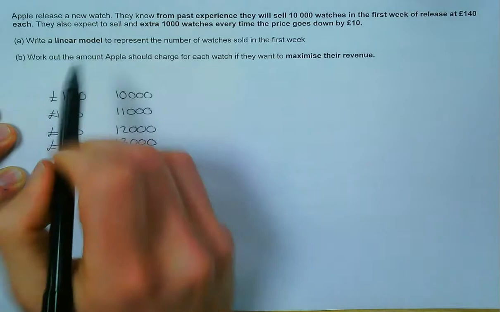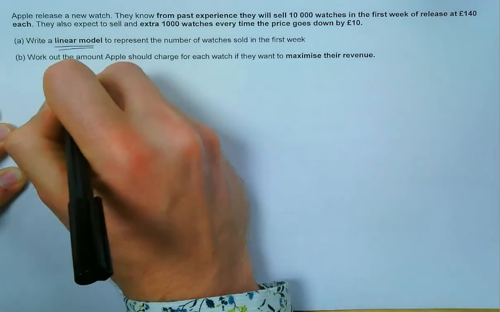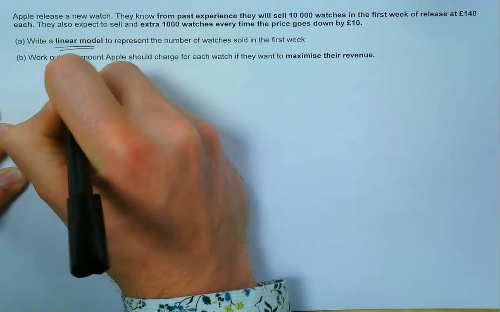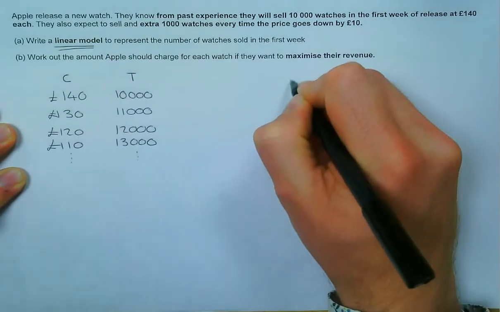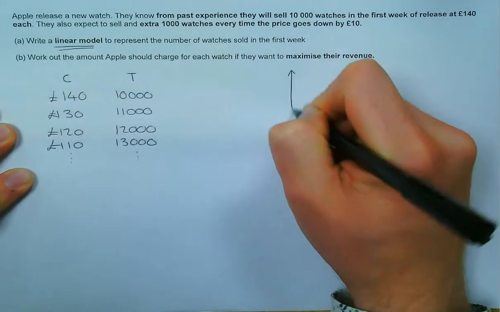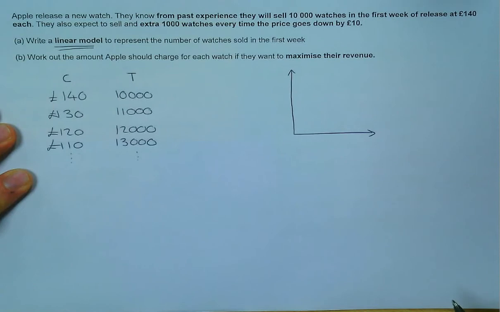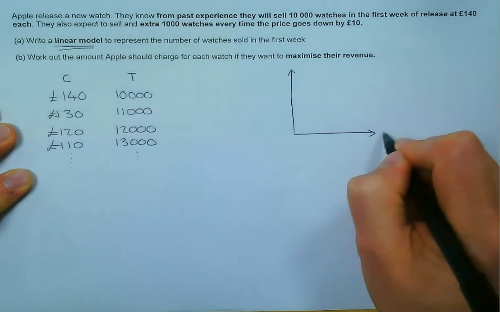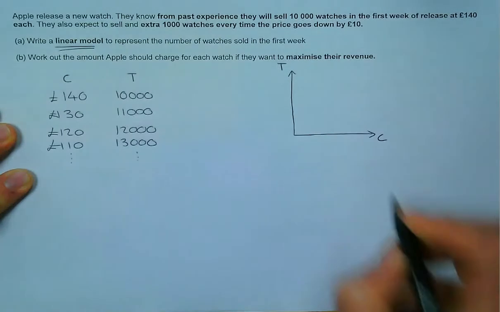So the first thing is write a linear model to represent the number of watches sold. Let's put just C for cost, and let's call that T. Now there's a few ways you can do this. If you think of a linear model, we think of linear graphs, don't we? Let's say this is cost and this is total.